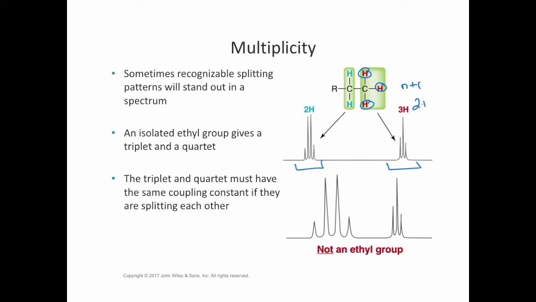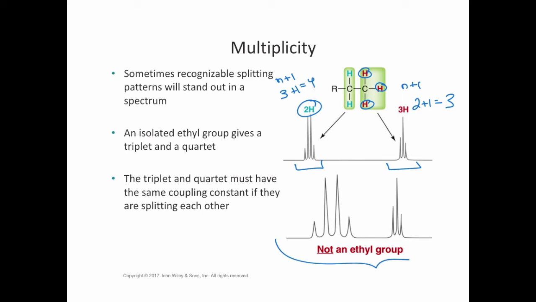So using the N plus 1 rule, we place in 2 for N and we get 3. If we look at the signal for the blue protons, they're coupled by the protons in red. And using the N plus 1 rule, we put in a 3 for N. 3 plus 1 is equal to 4. We get a quartet. And the triplet and quartet must have the same coupling constant if they are splitting each other.